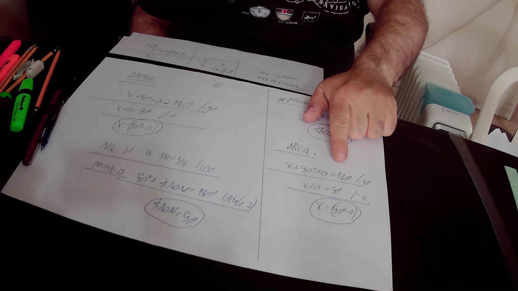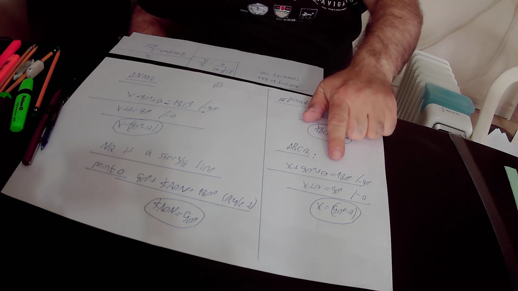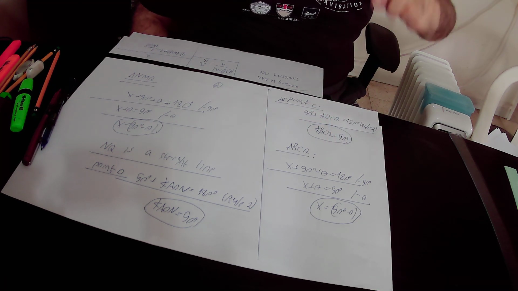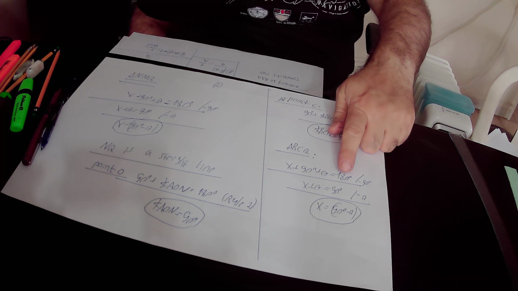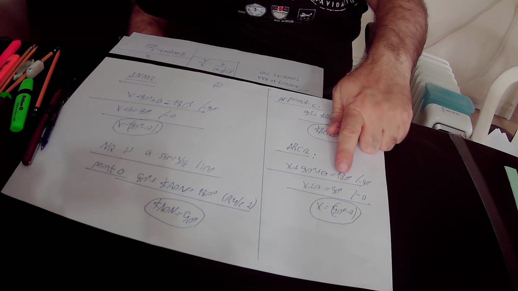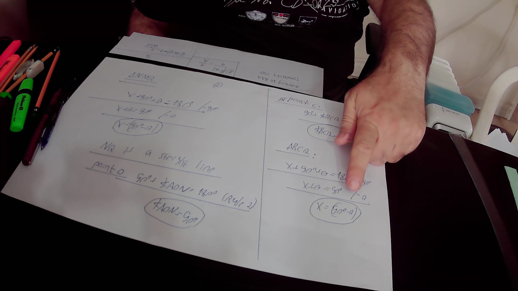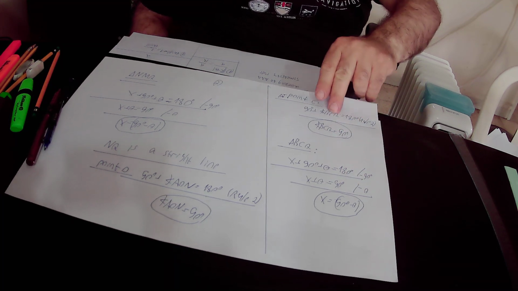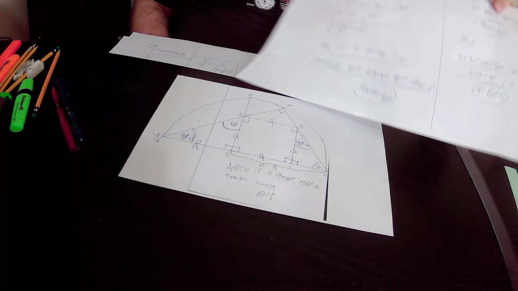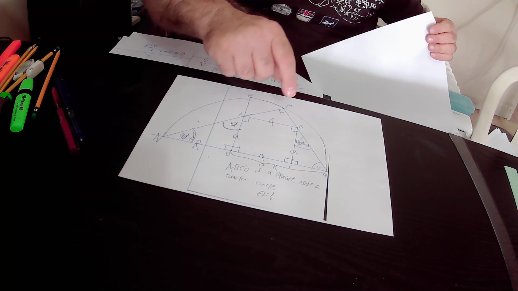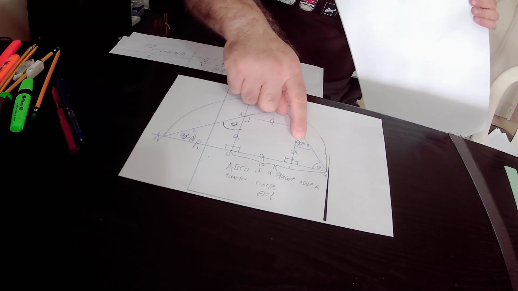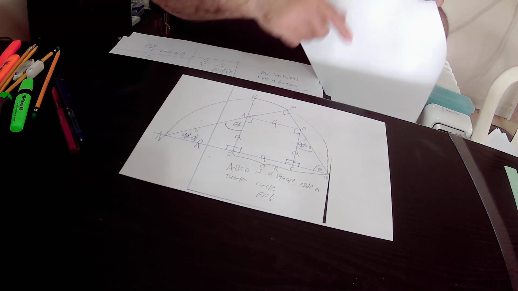We subtracted 90 degrees from this equation, and we got that angle X plus theta is equal to 180 degrees minus 90 degrees, which is 90 degrees. We subtract theta from this equation, and we got that X, the missing angle, is equal to 90 degrees minus theta. So this angle is equal to 90 degrees minus theta.